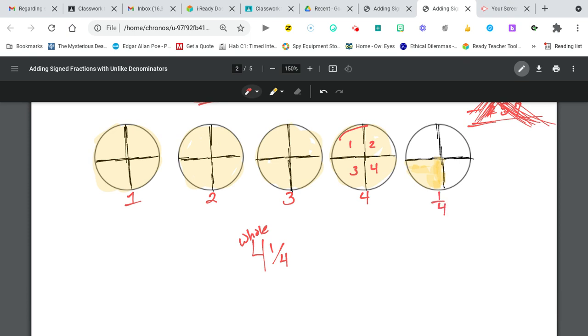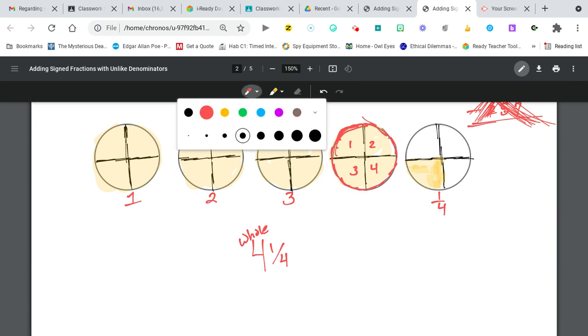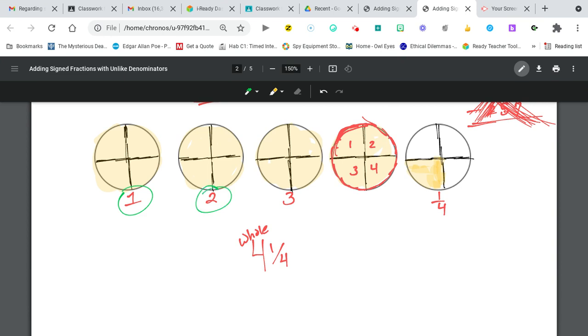Okay, so now what I want to do is take this one away from the group of 4. So I'm not going to have 4 wholes anymore. I'm going to take this one away, and I don't have 4 wholes anymore. Now I only have 1, 2, 3.